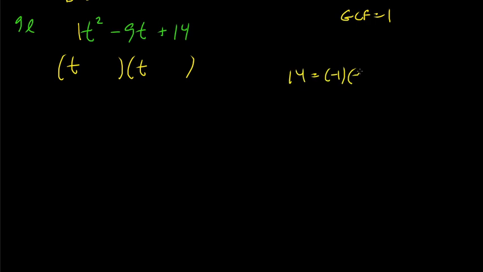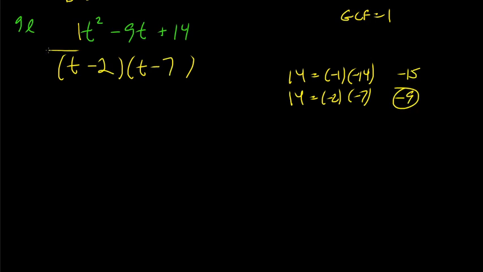Well, it's not negative 1 and negative 14. It's got to be negative 2 and negative 7, right? Negative 2 plus negative 7 is negative 9. So t minus 2 times t minus 7. Right. So yeah, not hard at all. That one should be pretty routine at this point.